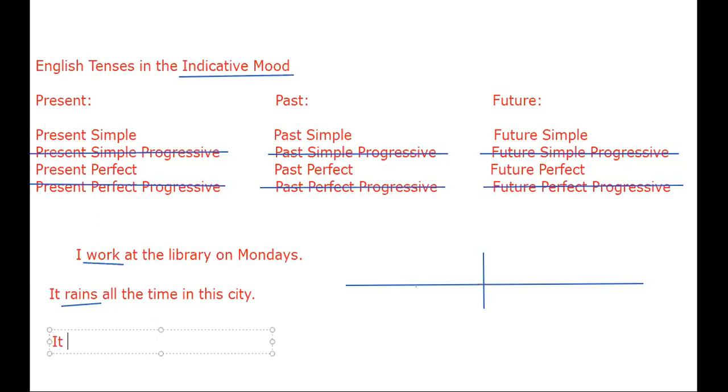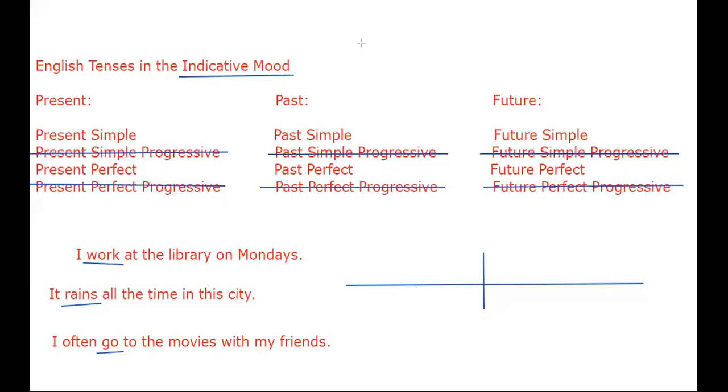I often go to the movies with my friends. It's something that is, of course, in the present, as in now. And it's the present simple because there's no -ing verb or perfect like have done or have gone. So this is just the present simple.